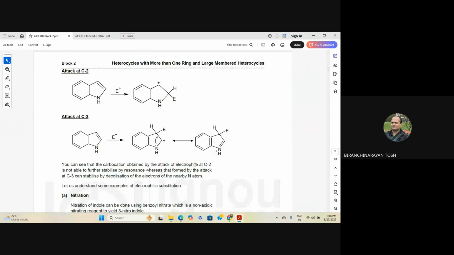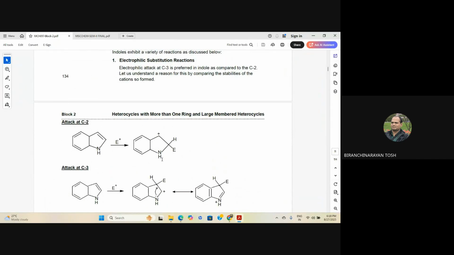But when the carbocation forms at C2, nitrogen will be positive, and positive charge on a more electronegative atom leads to instability. The carbocation obtained by attack of the electrophile at C2 is not able to further stabilize by resonance, whereas that formed by attack at C3 can be stabilized by delocalization of electrons from the nearby nitrogen atom. So the resonance stabilization is more, and the electrophile attacks C3, not C2.